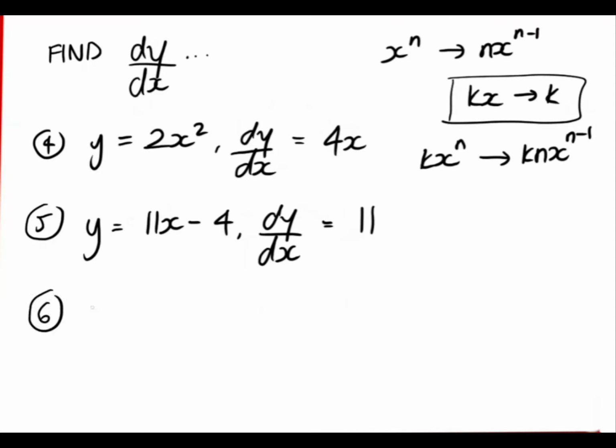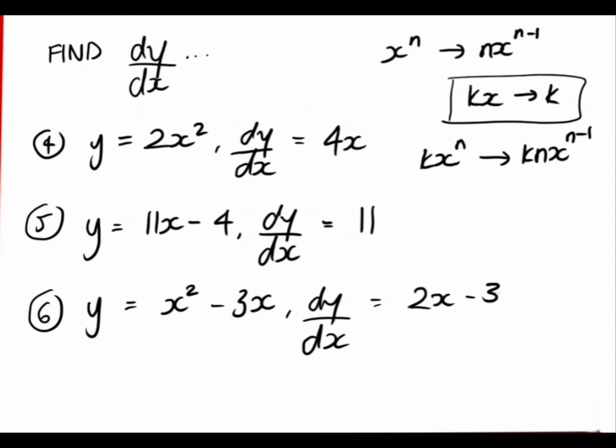Let's try this one. y equals x squared minus 3x. To differentiate that, you get 2x minus 3. So again, I'm moving the 2 here. 2 minus 1 is 1, so it's basically the same as just writing 2x. And then 3x differentiates into 3.